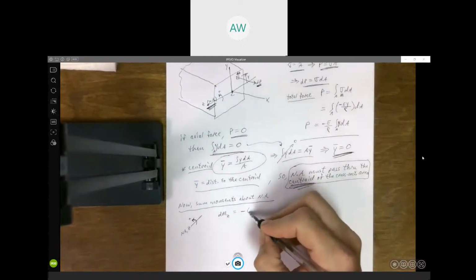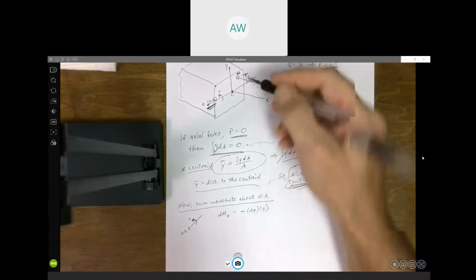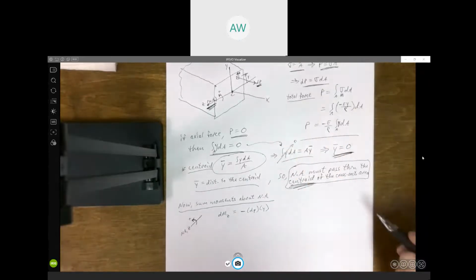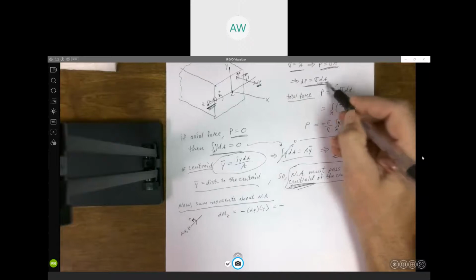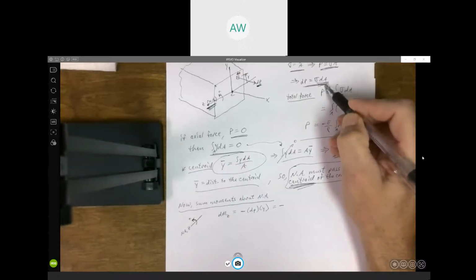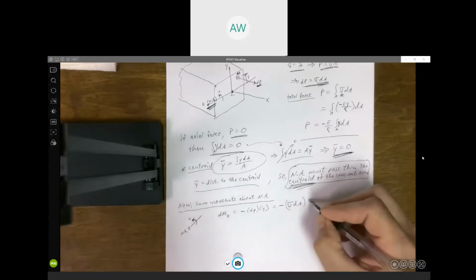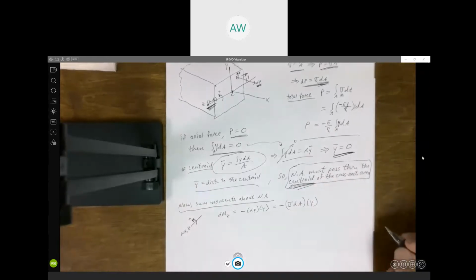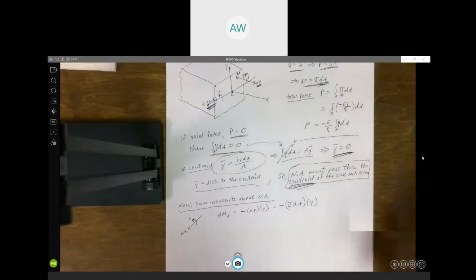So it'd be minus that differential force times the distance y away from the z-axis. But I know from up here, dP, that differential force, is the stress times the differential area. And we're going to do the same thing we did up here. To get the total, we integrate.